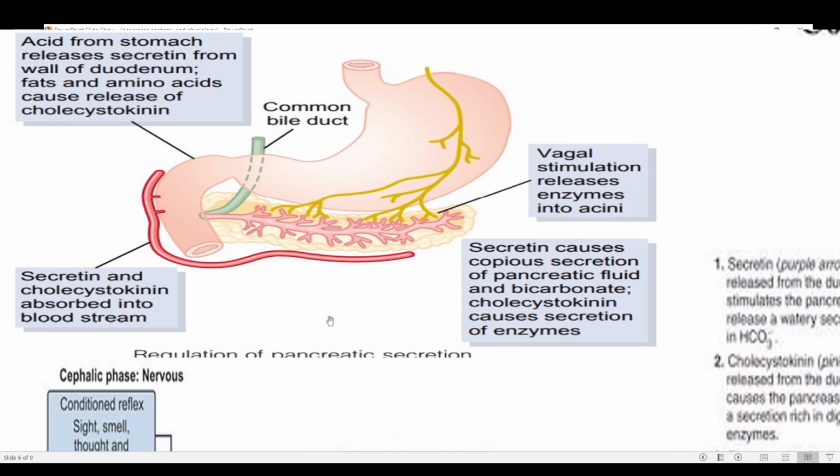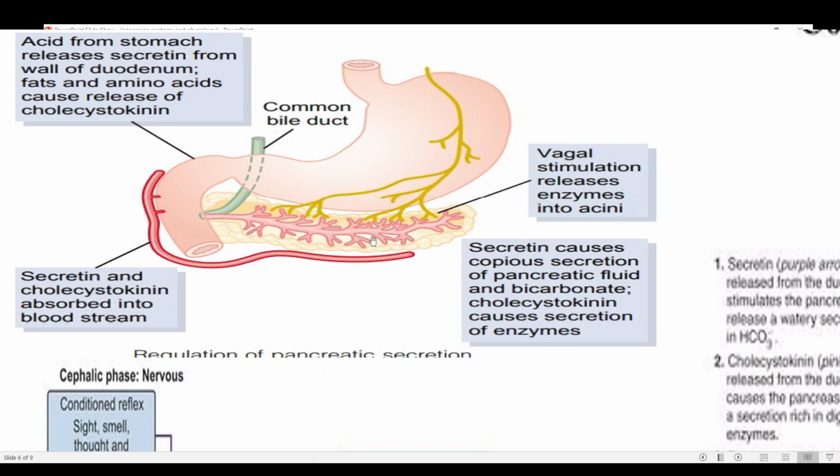Both nerve and hormone control the secretions of the pancreas, which help in the digestion of food. The nerve mainly involved is the vagal nerve, and the hormones mainly involved in pancreatic secretions are secretin, cholecystokinin, and gastrin.